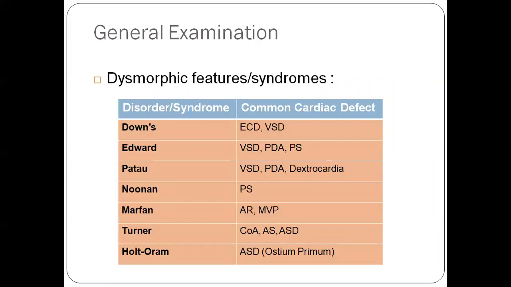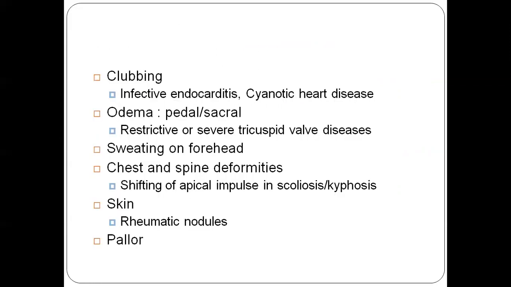In general examination we look for dysmorphic syndromes like Down syndrome, Edwards syndrome, Patau syndrome, Marfan, Turner, and Holt-Oram. Also look for clubbing, infective endocarditis, edema, sweating on the forehead, chest and spine deformity, displacement of apical impulse, scoliosis or kyphosis, and skin findings like rheumatic nodules and pallor.